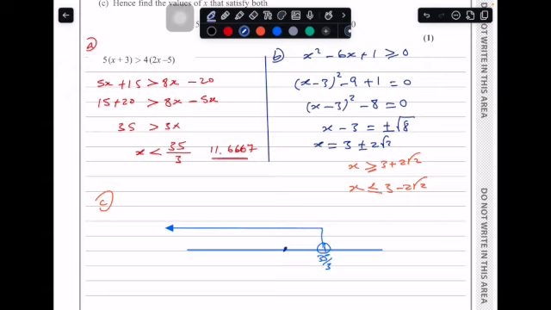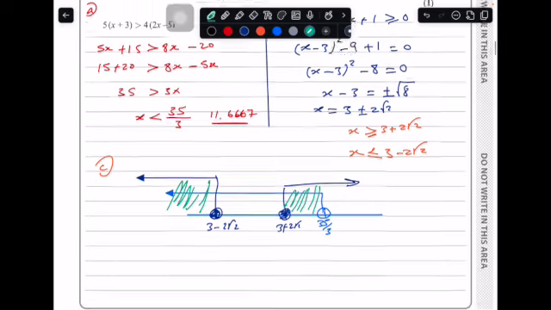So it is going to be a closed circle, going up. Also, we have x smaller than 3 minus 2 root 2, which is a closed circle as well, going down. Using these two inequalities, we can shade the region where the lines are crossing or meeting together.